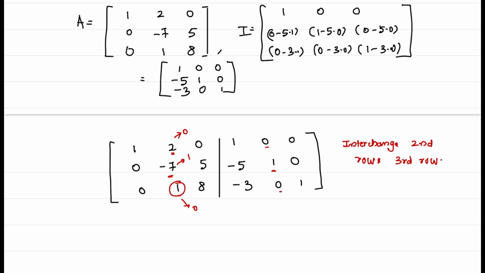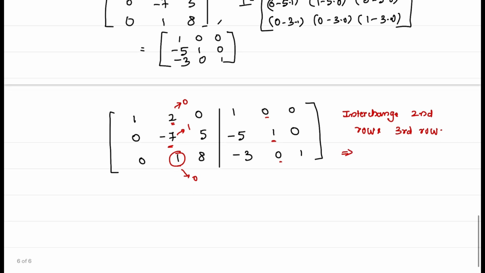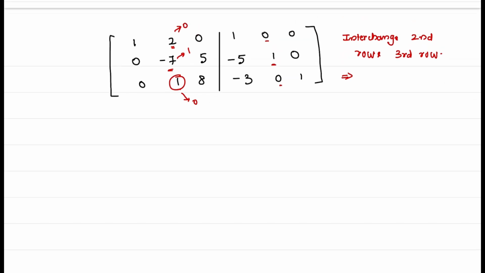We require 1 in the second column, second row. Already in the second column, third row, 1 is there. We are just shifting it upwards, and shifting the second row to third and third row to second, so that it looks simple for you. You have to use intuition and common sense, not only your mathematics knowledge. This is a very, very simple method. If we work concentratedly, definitely we will win over this.